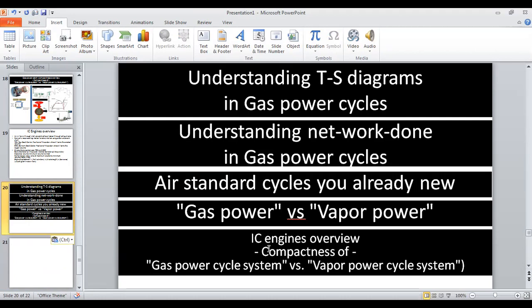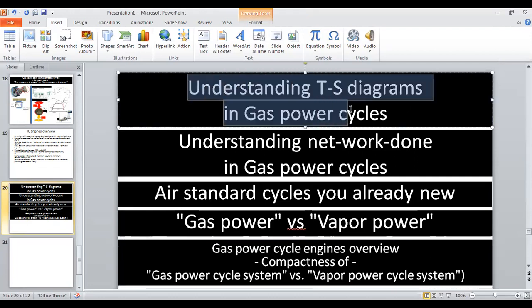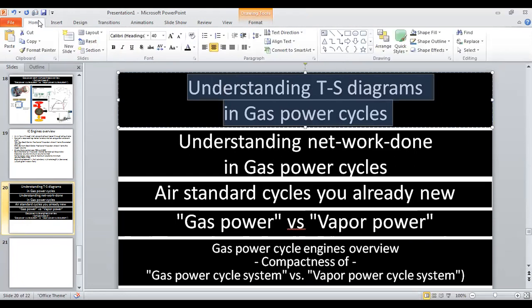So gas power cycles, cycle engines, overview. Understanding TS diagrams, so this is considered done.